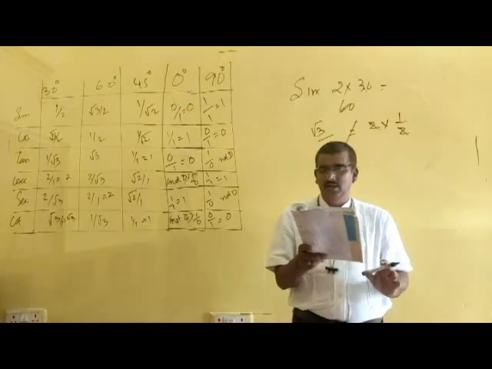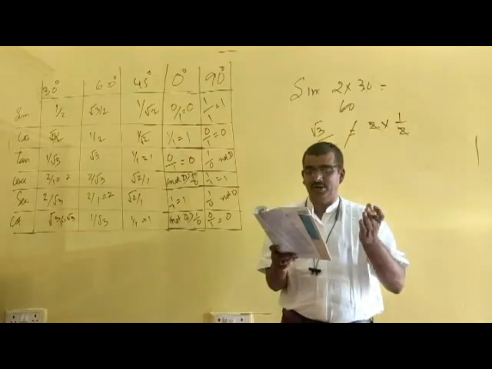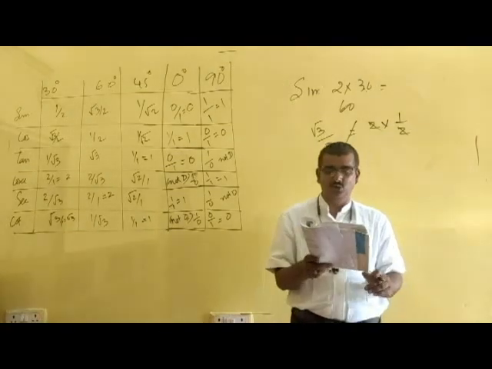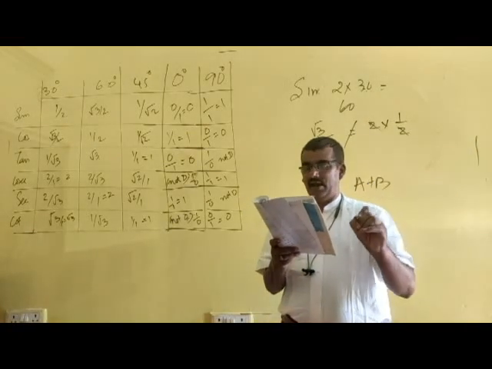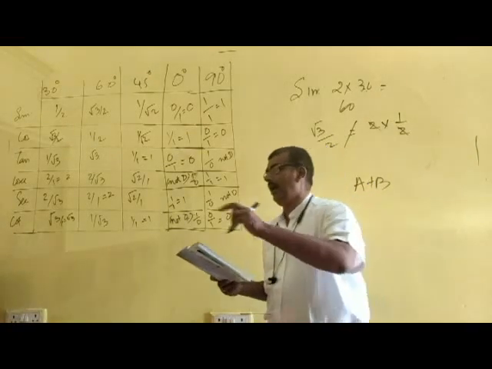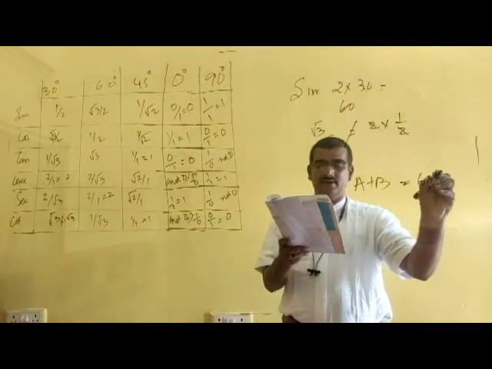Then question number 3: tan of A plus B is equal to root 3, tan of A minus B is equal to 1 by root 3. One example I gave you, just like that you have to do. Tan of A plus B is equal to root 3, so A plus B is equal to what? 60 degree.